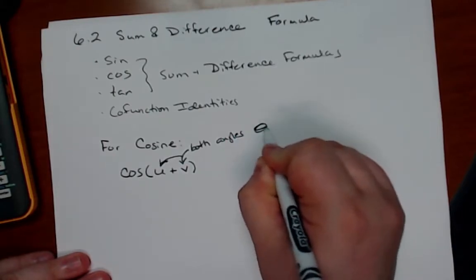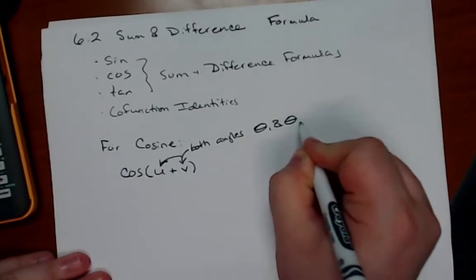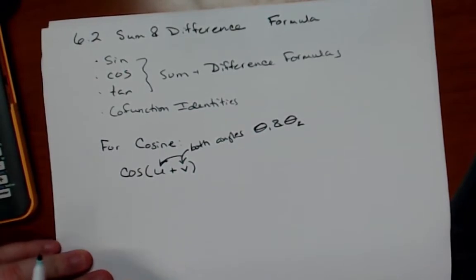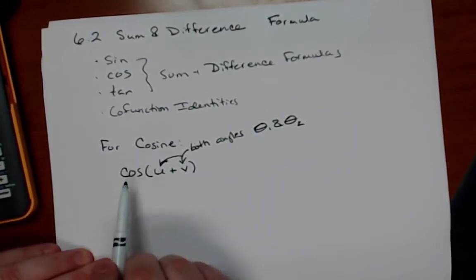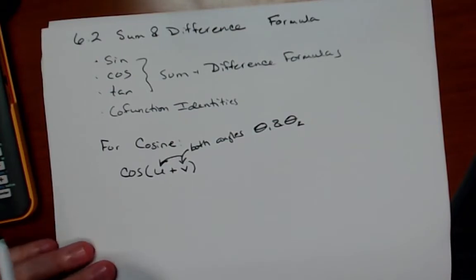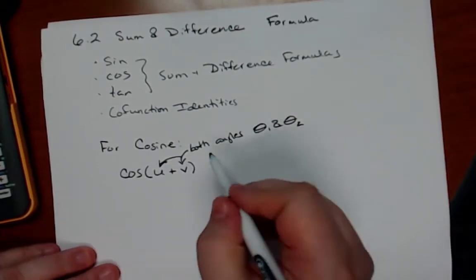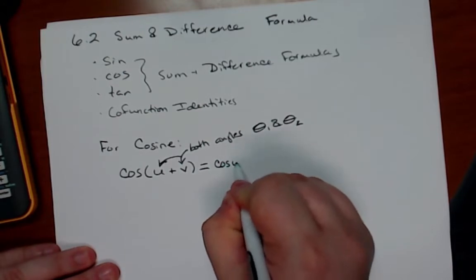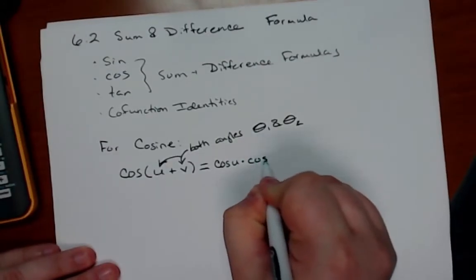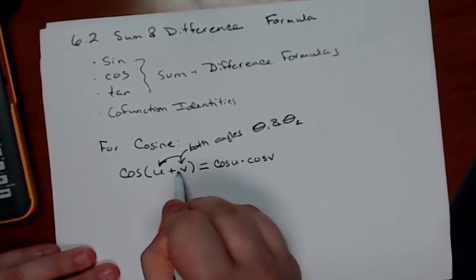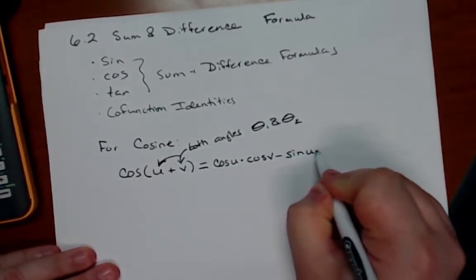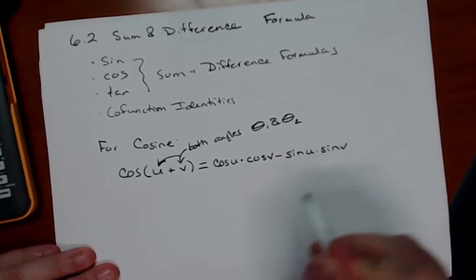If you'd rather, you could call them theta 1 and theta 2, theta and phi, it doesn't matter what you call them. But if we have the cosine of two angles added together, the result is the cosine of the first times the cosine of the second, and this plus becomes a minus sine of the first times sine of the second.